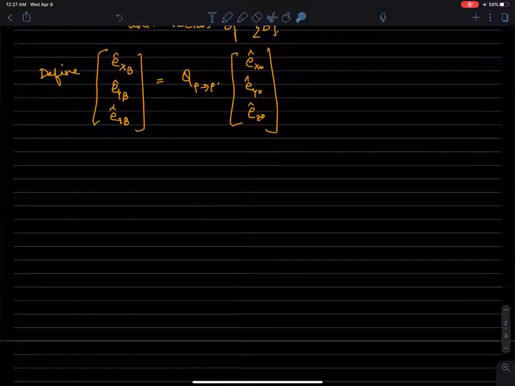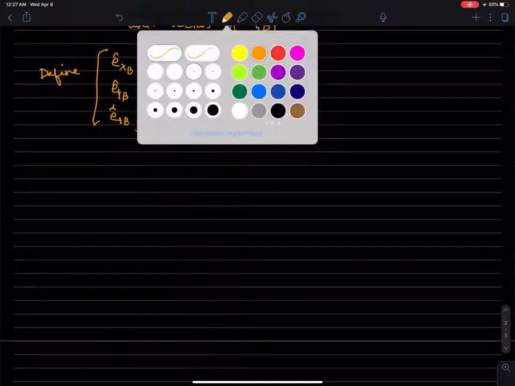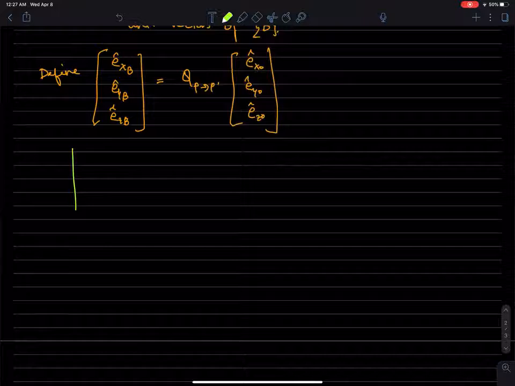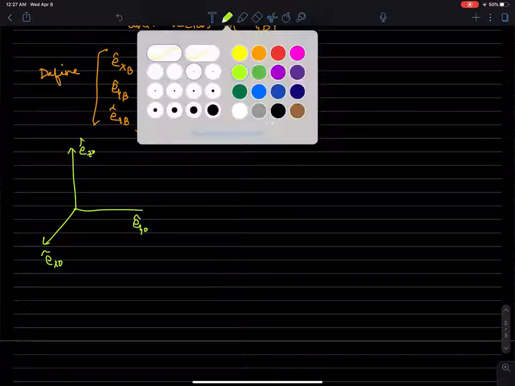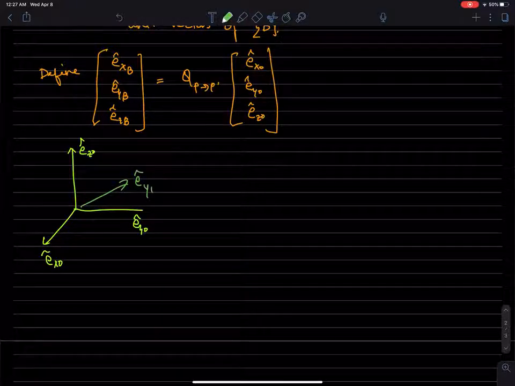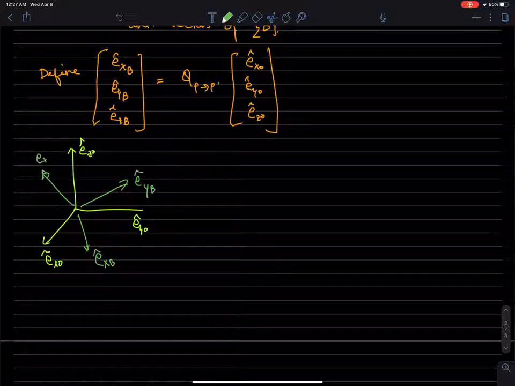So what do we have here? We have some coordinate frame EX naught, EY naught, EZ naught, and then some other coordinate frame. Let's draw it in a different color. This EYB, EXB, EZB.